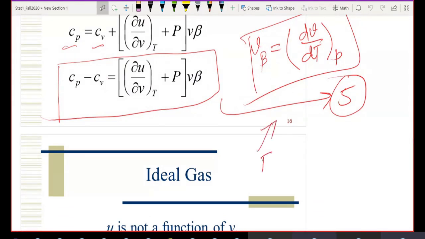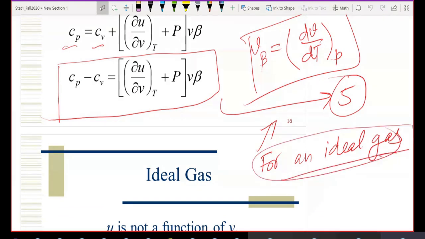Ideal gas, sir, pressure is constant all the time. Okay, so how will we do it then? Please answer in your mic.